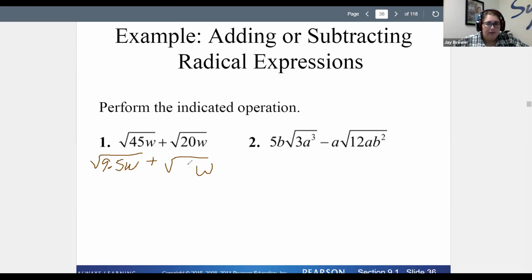So we know that 5 times 4 gives us 20. So we have another 5, and we also know that 4 is a perfect square. So we're going to pull out our perfect squares. So we're going to get 3 square root of 5w plus 2 square root of 5w.